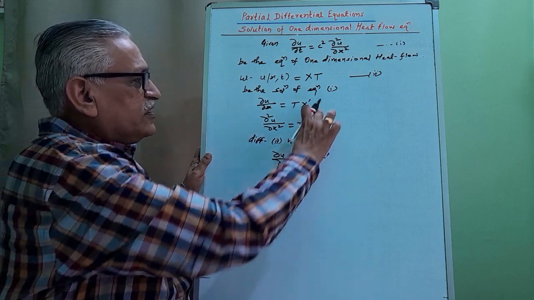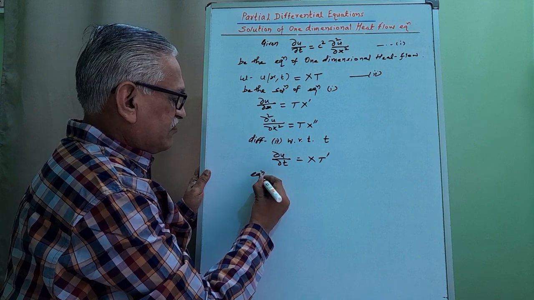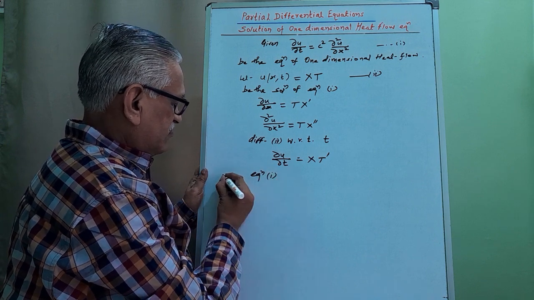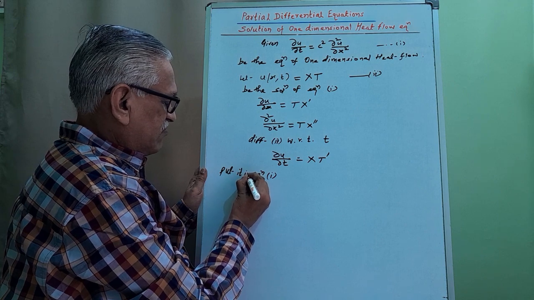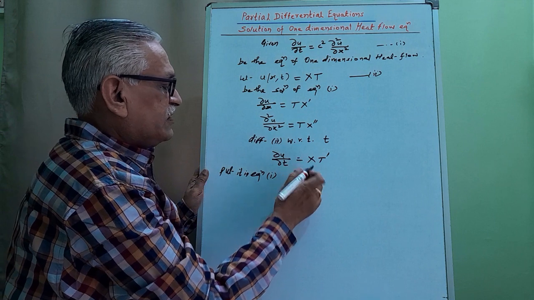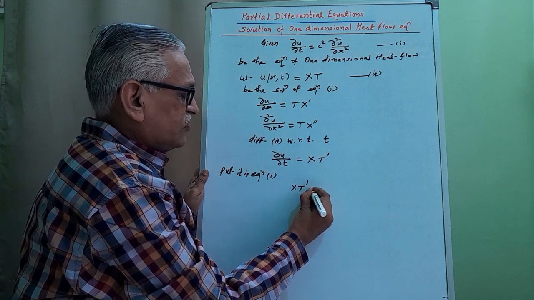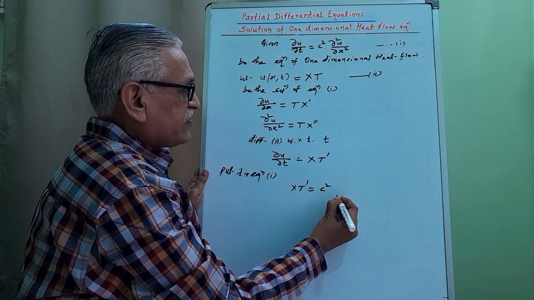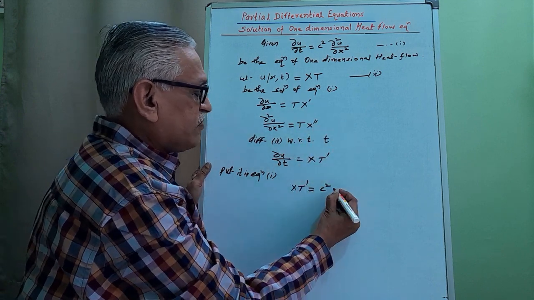Then substituting this in equation 1, dou u by dou t is X T dash, and that is equal to c square dou square u by dou x square, whose value is T into X double dash.